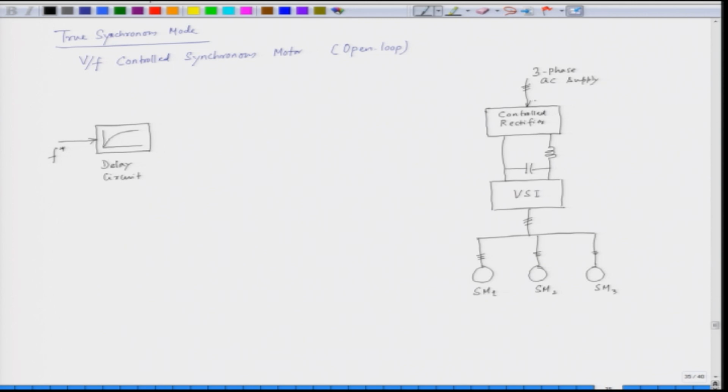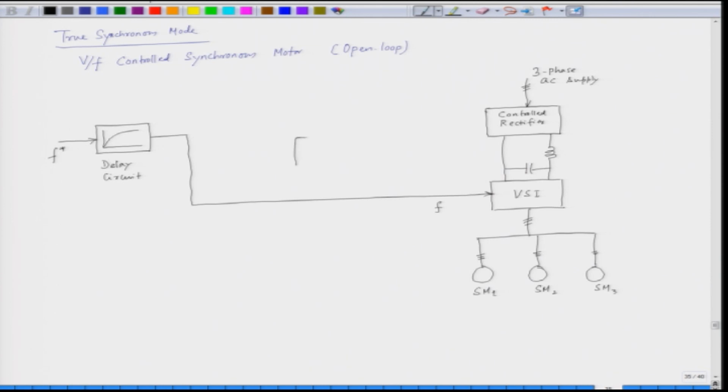So, we rectify the AC to DC and then we use the inverter. So, what we do here is that the frequency which is the output of the delay circuit is fed to the VSI directly.